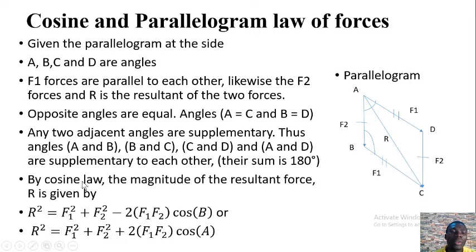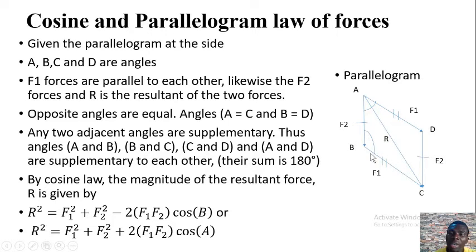Now, by cosine law, the magnitude of the resultant force R is given by R squared equals square of F1 plus square of F2 minus 2 times the product of F1 and F2 cos B. That's the angle between F1 and F2.